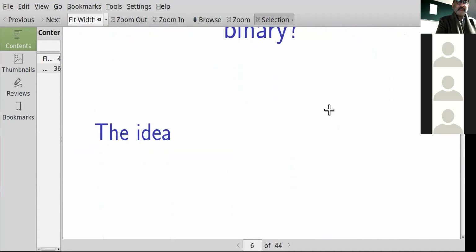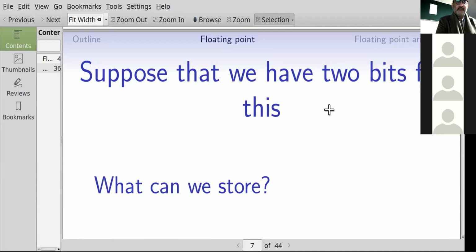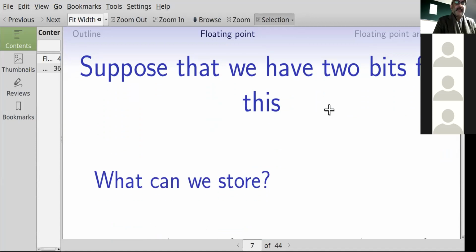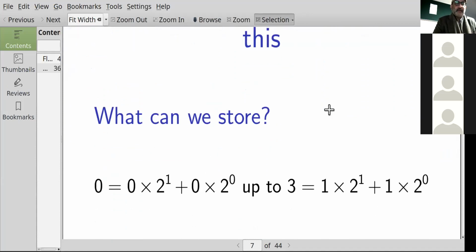Okay. So how do we store things in binary? Supposing that I want to store a real number, and I've got 2 bits to do the storage with. What can we store? I can think of those 2 bits as storing a coefficient times 2 to the 0, and another coefficient of 2 to the 1.